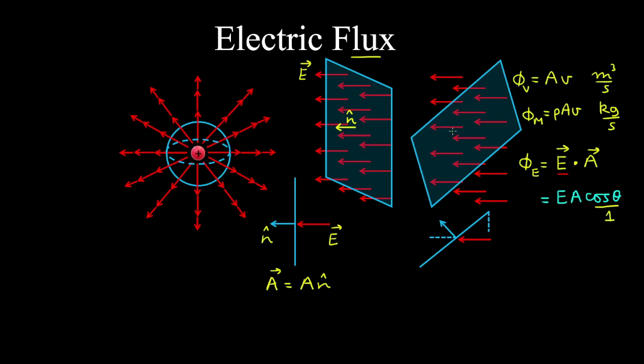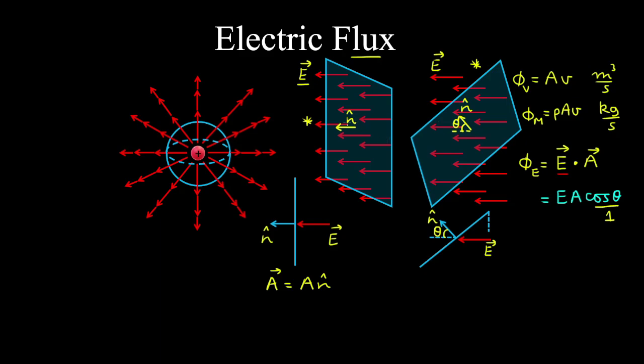Now in this case over here, where the orientation of the surface is oblique, so the normal vector and the electric field vector are not parallel in this case, then more of the electric field is going to pass through this surface compared to this one.